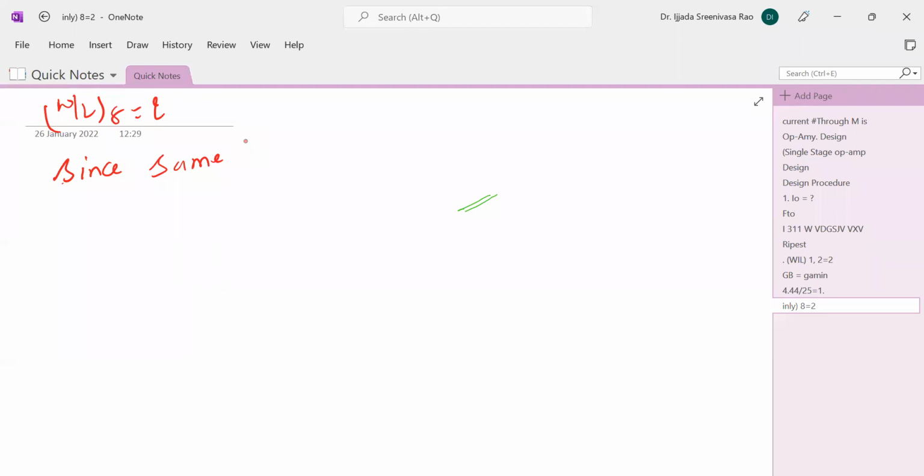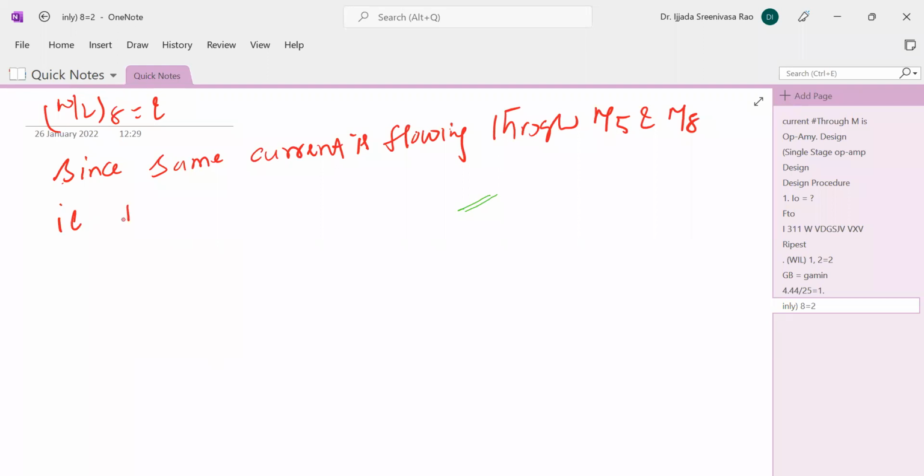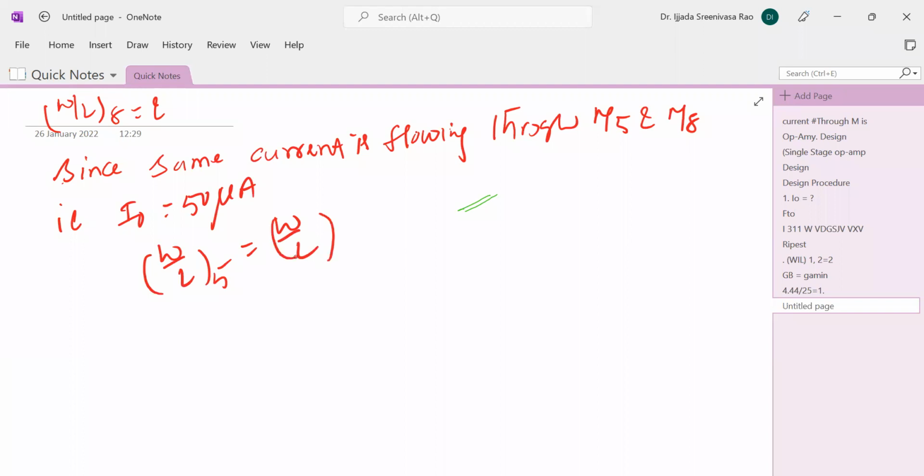So M5 and M8 both are carrying the same amount of current, that is I0, equal to 50 microamperes. So W by L of 5 is equal to W by L of 8, the same. How much you got? 9. So now you have all the transistor sizes.